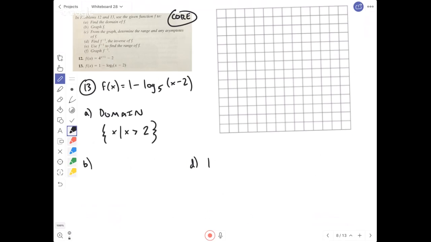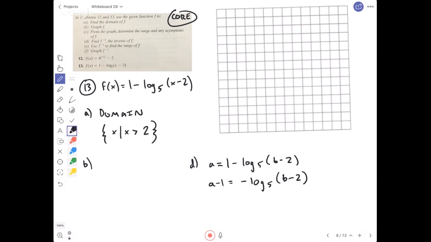a equals 1 minus log base 5 of b minus 2. Oh, and I wanted an input variable and an output variable, so b minus 2. That means that a minus 1 equals the opposite of log base 5 of b minus 2.